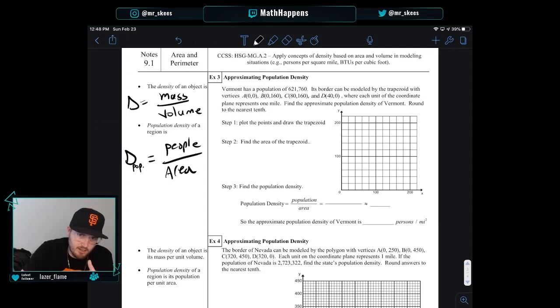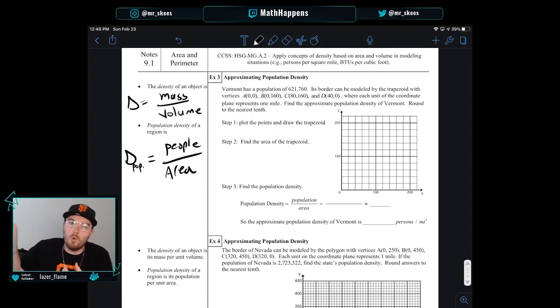It's just air. Whereas the shot put ball weighs a ton in comparison, yet they're the same size, because I shoved so much into it. So when we're talking about population density, if we have two states that are the exact same size, clearly, hopefully you realize that some states have more people in them than others.